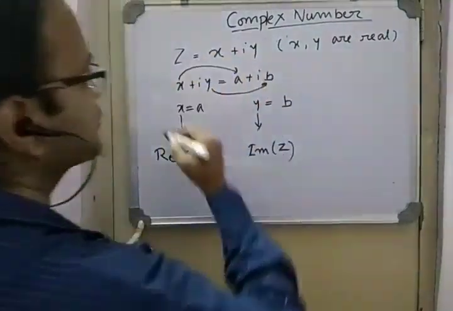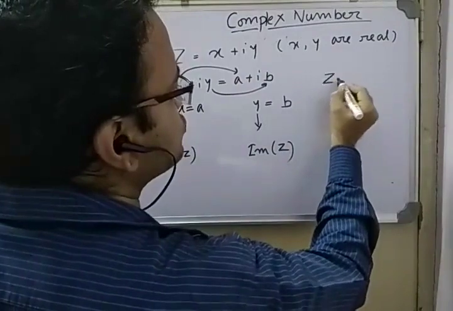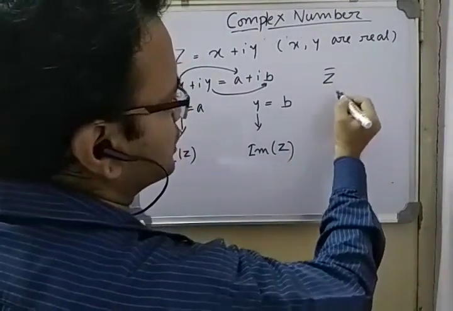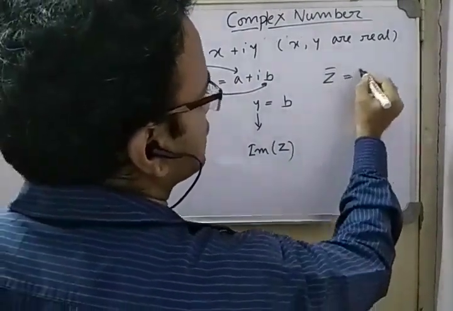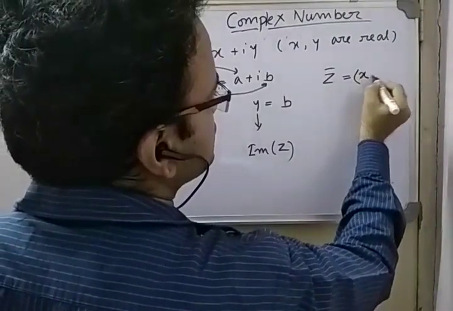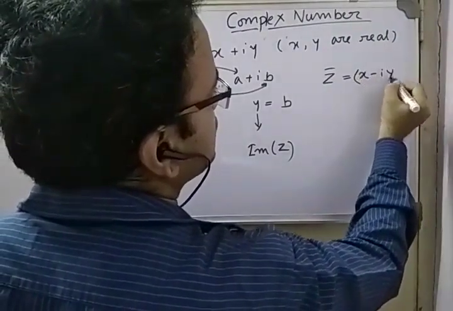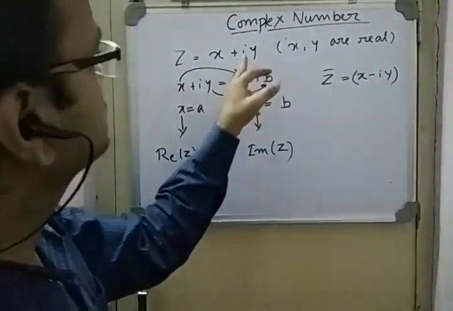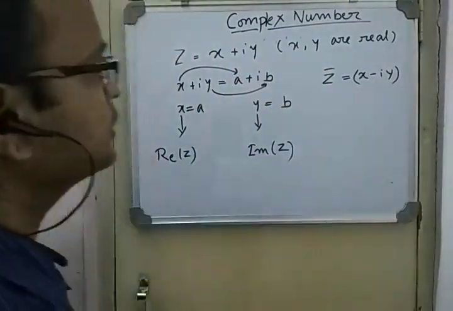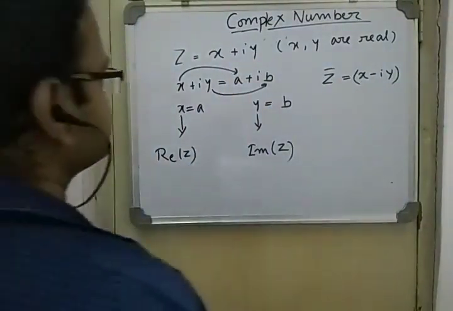Now z is x plus iy. So what is the conjugate of z? This is z bar. It is the conjugate of z. This is calculated by just replacing i with minus i. You will get z bar.